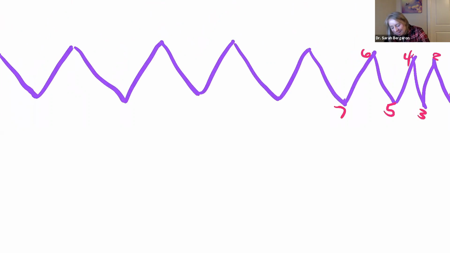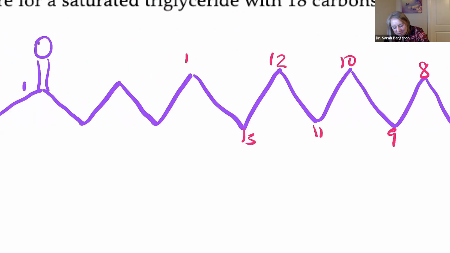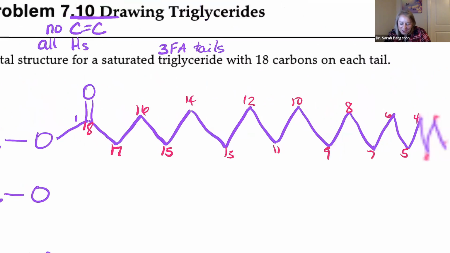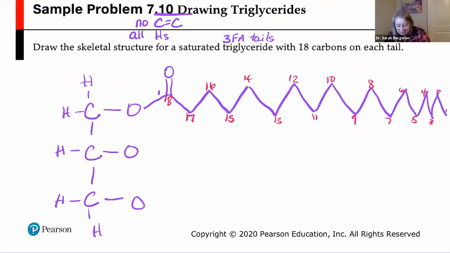I got too close in there. I'm sorry. So this is really carbon 1 through 18. And that's how many we should have, 18 carbons. I really scrunched it up over there.